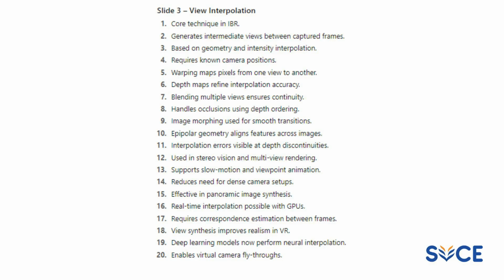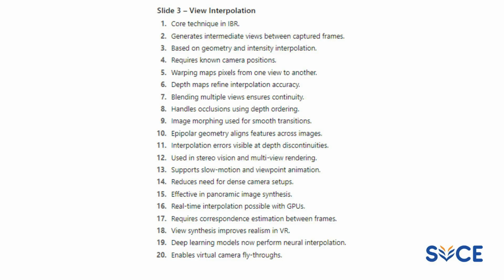The process begins with two or more reference images captured from slightly different positions. For each point or pixel in these images, the algorithm finds correspondence points that represent the same feature or object in both views. Once these correspondences are identified, depth information or disparity between the images is estimated.